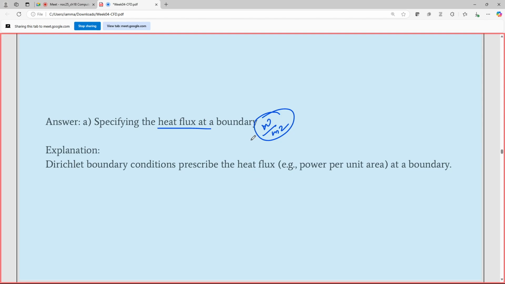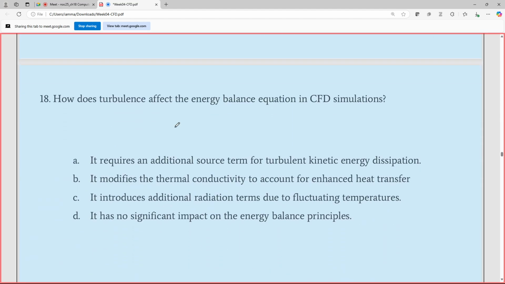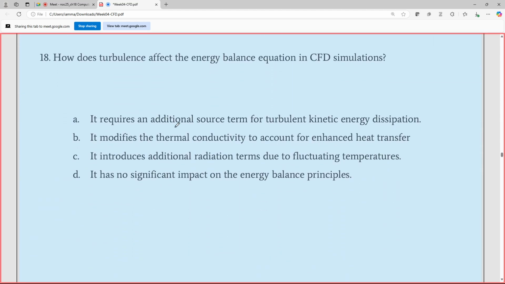Here, this heat flux is in terms of the rate of energy transfer per unit area at the boundary. This can be considered as a Dirichlet boundary condition. Moving on to next question.